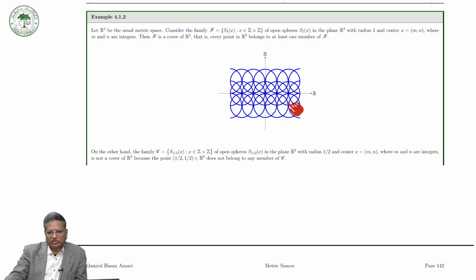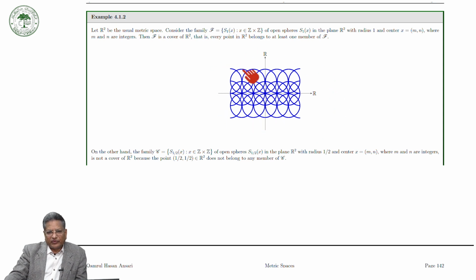So this circle. In this way, if you take the union of the family of members of F, which are open spheres with center at X, where X is equal to (m, n), where m and n are integers and radius 1, then the union of all these open spheres will cover whole R2.